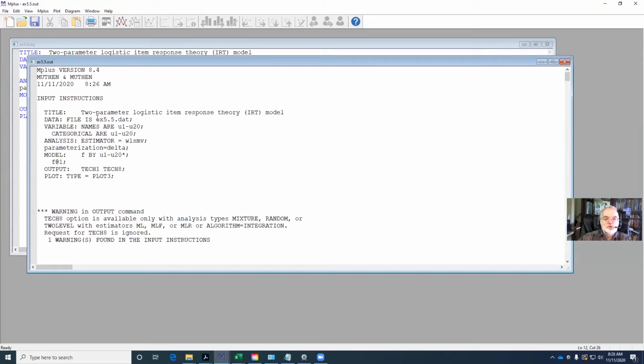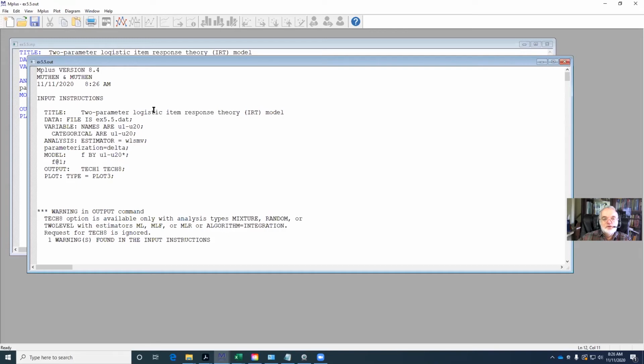It's an example from the Mplus manual. So here's our title, here's our data, and what we're looking at now are 20 dichotomous variables. And all 20 of these dichotomous variables are categorical. And I'm doing weighted least squares, MV, and I'm using delta parameterization.